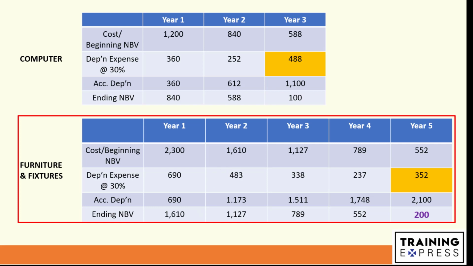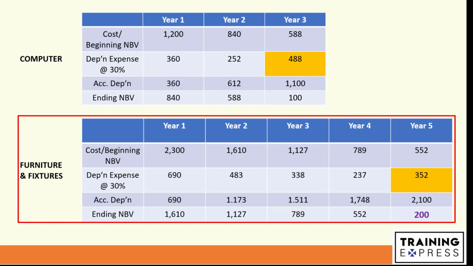Depreciation expense is $483. Accumulated depreciation is $1,173, which is last year depreciation plus current year depreciation. And our ending net book value is $1,127. Similarly, in year number 3, we start with $1,127. We calculate 30%. Cumulative depreciation becomes $1,511, and ending net book value becomes $789.